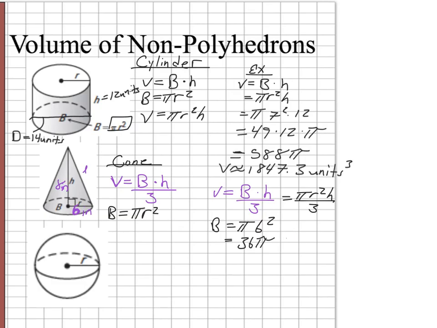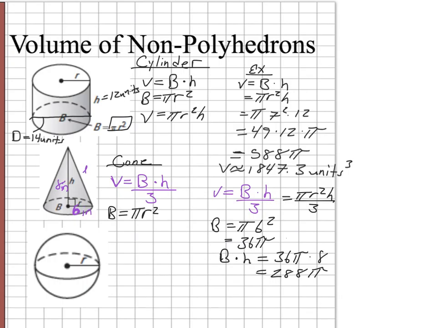And then when I take my base times my height, then I get 36 pi times 8, which was 288 pi.